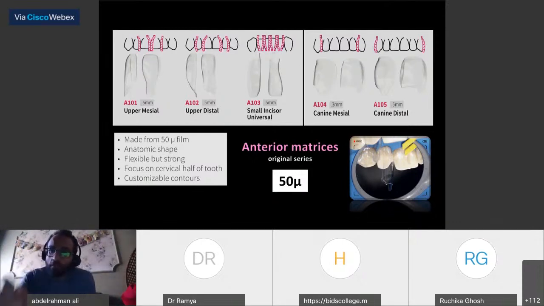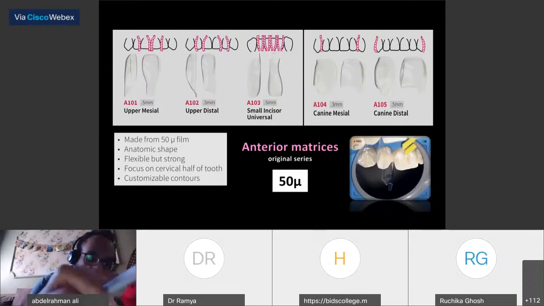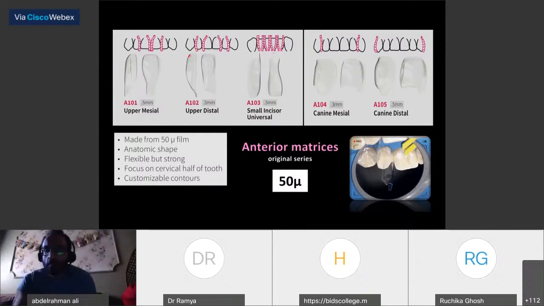So if we pick, let's say, the distal of the upper anteriors, we have 102 and 202. The 102, this is the emergence profile, how steep the matrix, how curvy, how convex the matrix is until it becomes straight again.